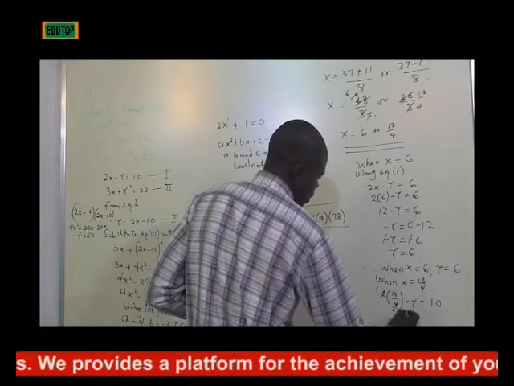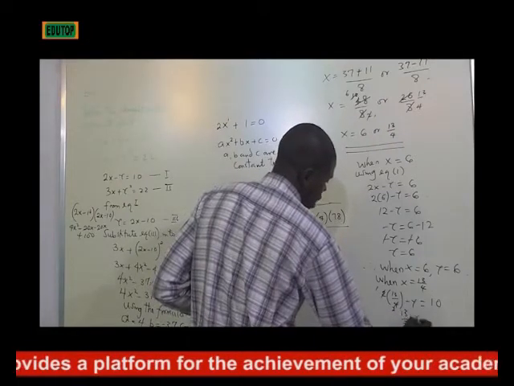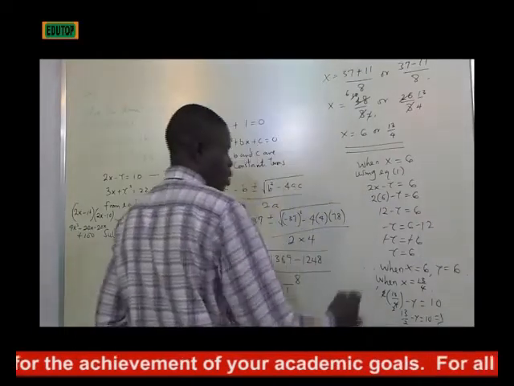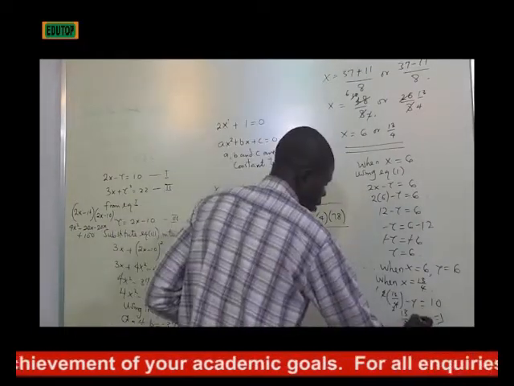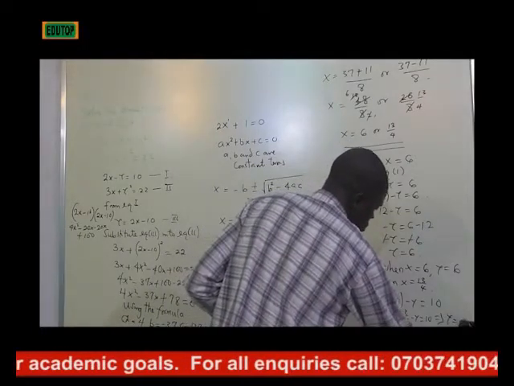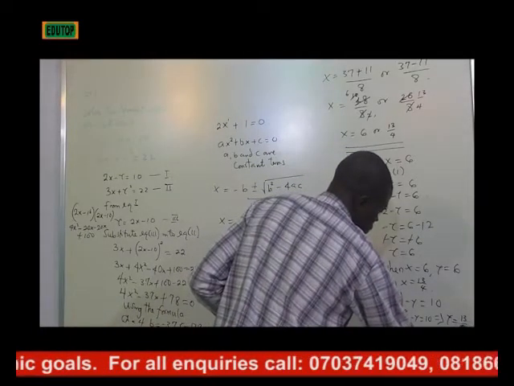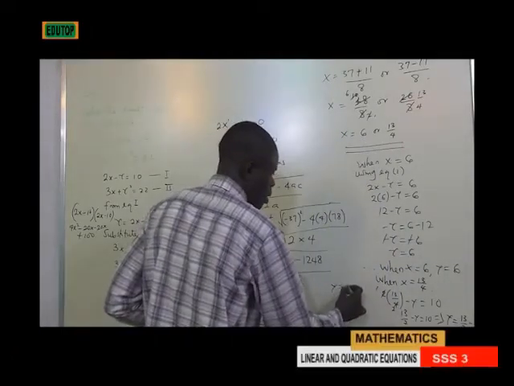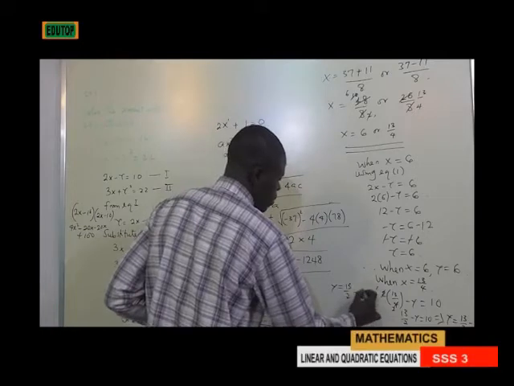So then I will have 13 over 2 minus y equals 6, which implies that I take my y to the other side, it becomes plus y, then I bring this one here. So I have y equals 13 over 2 minus 6.